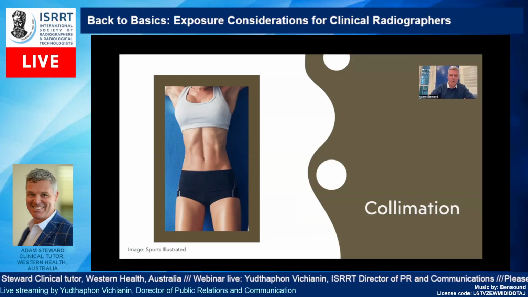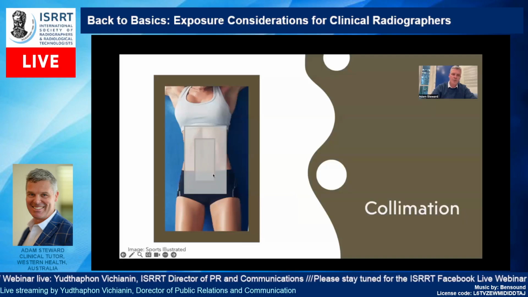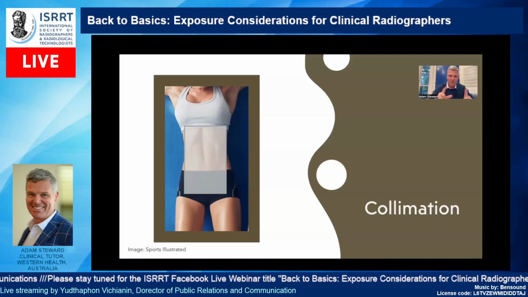So it's really important. What we need to be aware of is when we collimate, if we're collimating to an abdomen the size like so, and then we collimate down even further to this, the photons in this region, the lumbar spine region, even when we collimate to here, the primary beam just goes straight. It's the same amount of primary photons incident on that area. So it doesn't change. We don't concentrate the X-ray photons in that area.